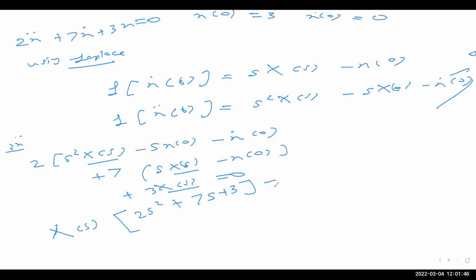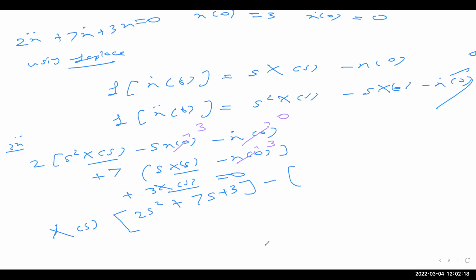Minus the remaining parts, which would be 2s plus 6. So here we can substitute 3, so this is 3, this is 3, and this is 0. I just substituted the initial values, okay?